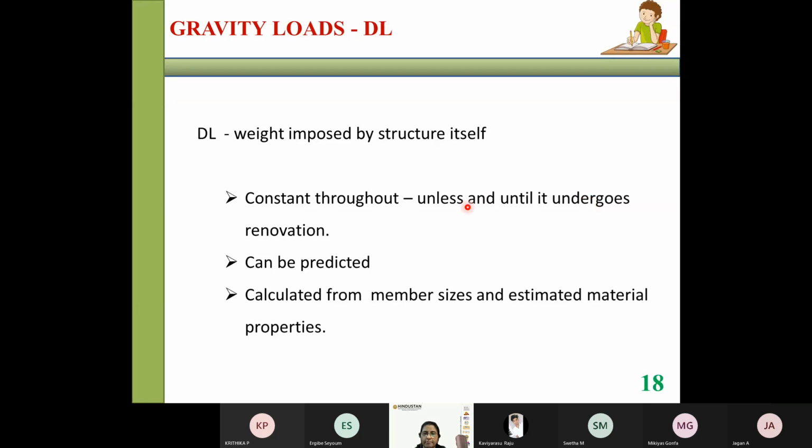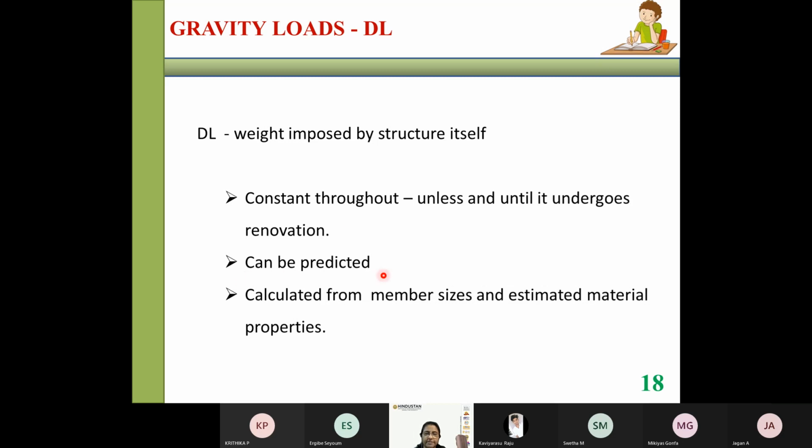But during the lifetime, if it has to undergo renovation, sometimes the beams and columns are affected, so I have to retrofit it and increase the size. In that case the dead load will increase slightly, but you need not worry, because we give a factor of safety for every load.